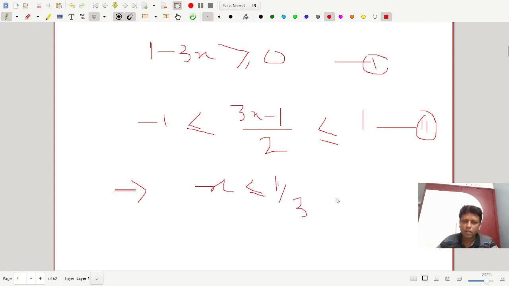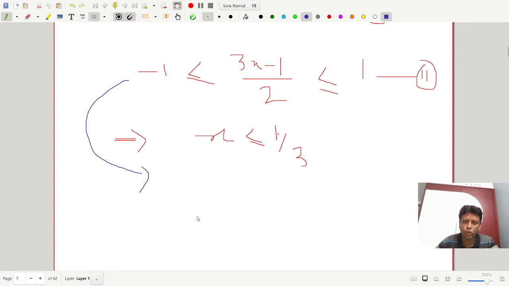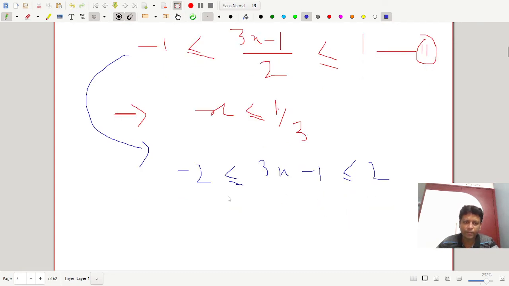Yes, sir. Okay, and from 2 we can write, there are 2 parts. If you cross multiply 2, that will be minus 2 less than or equal to 3x minus 1 less than or equal to 2. Am I clear?